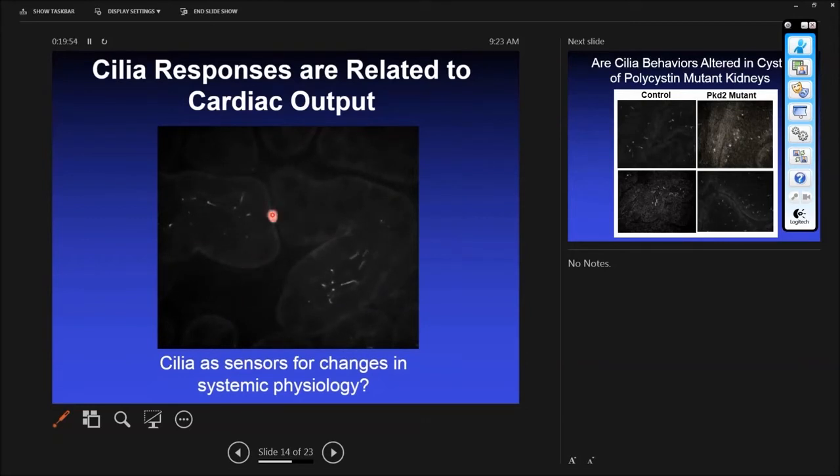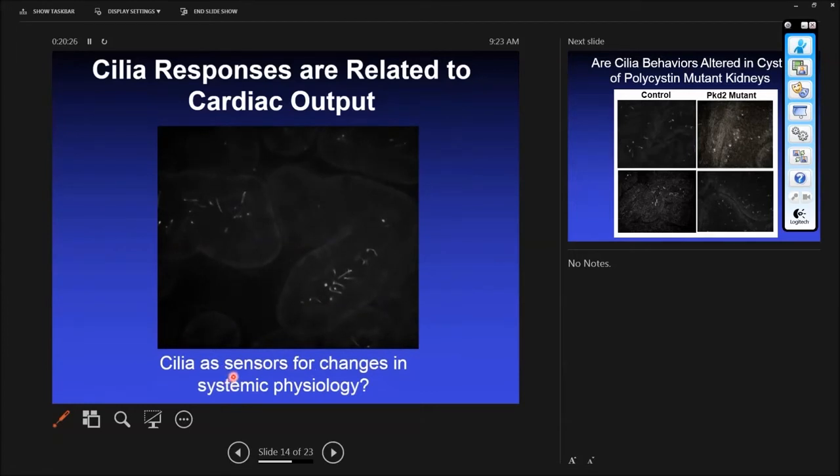So here we're looking at a series of tubules, and at this point we gave a lethal dose of anesthesia. You'll notice in the beginning of this movie the cilia were moving back and forth. Now we give them a lethal dose, and they stop. A couple of little beats there, and then they extend out into the lumen of this particular tubule. So we believe the cilia sense changes in systemic physiology.